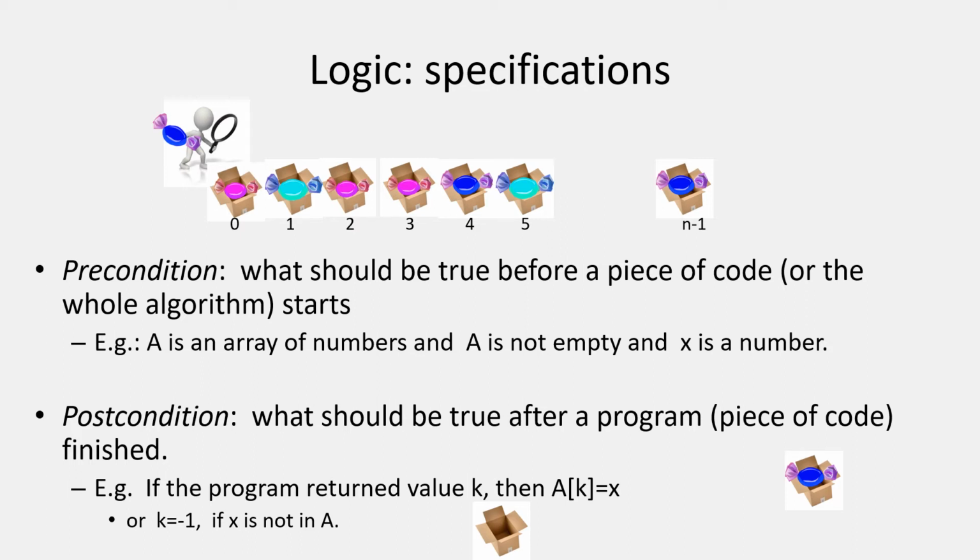What if the program did not return a value k? Well, in this case, all bets are off, so maybe that's not a good way to formulate it. Maybe I want to say the program will return the value k such that a of k equals x. And if x is not in the array, it will return, for example, -1.